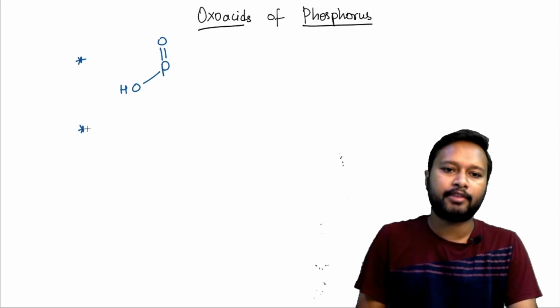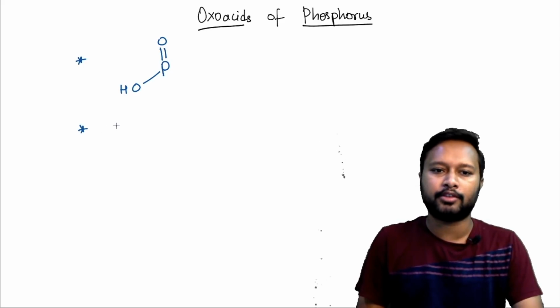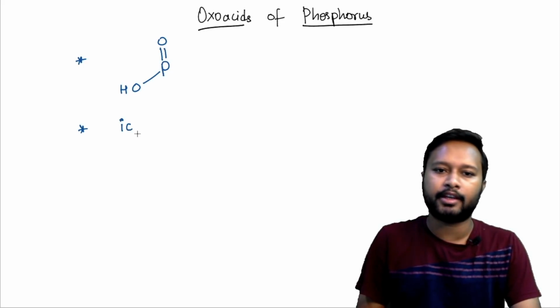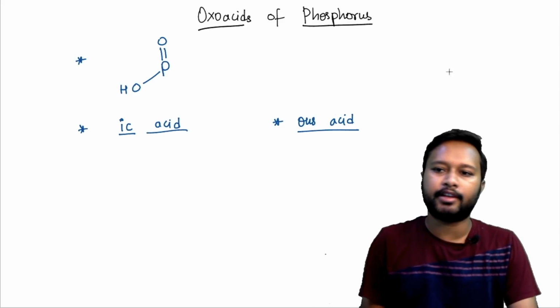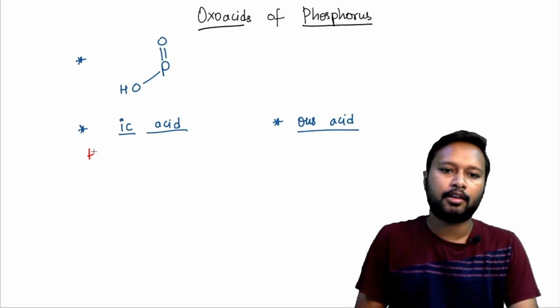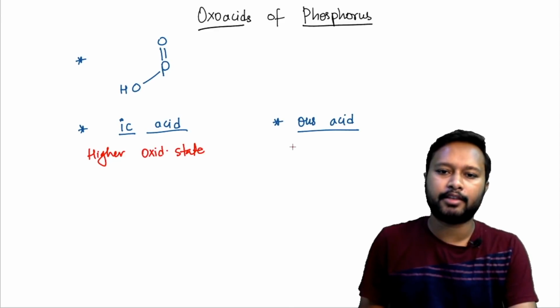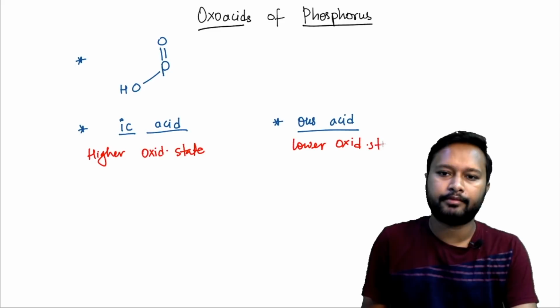The second thing is the nomenclature. There are two nomenclature endings you are going to get: ic at the end and ous at the end. So ic acid and ous acid are the two names we will come across generally. Ic acid generally corresponds to a higher oxidation state, and ous acid corresponds to a lower oxidation state.